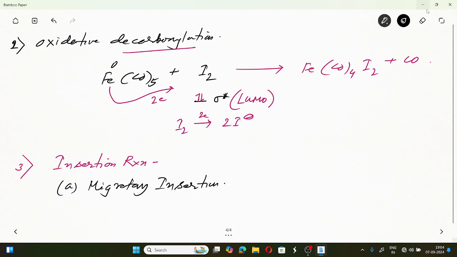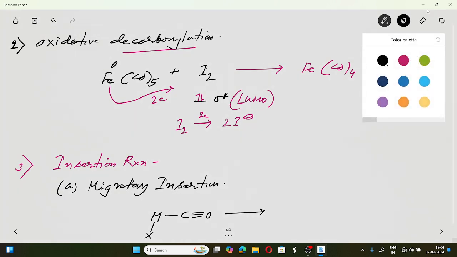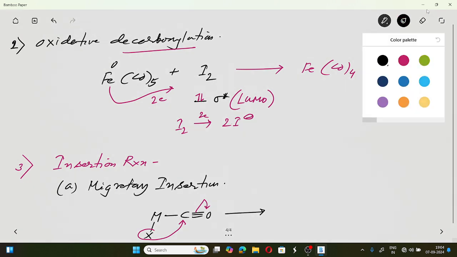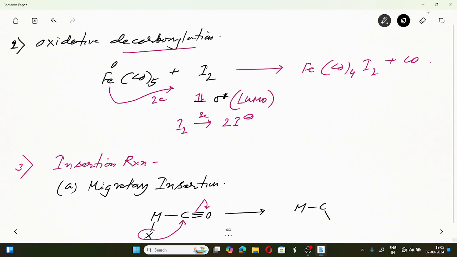Migratory insertion means, suppose you look at this metal carbonyl complex, I am explaining it in a general way, and suppose X is linked to the metal center. Now what happens during a migratory insertion reaction? This X comes here, forming an M-C-X double bond.